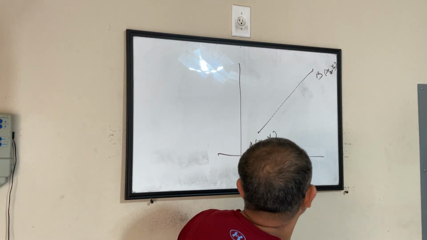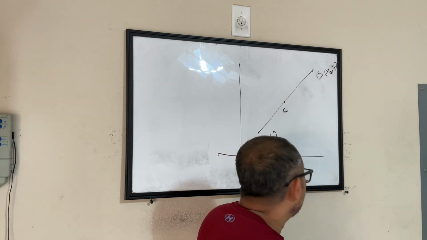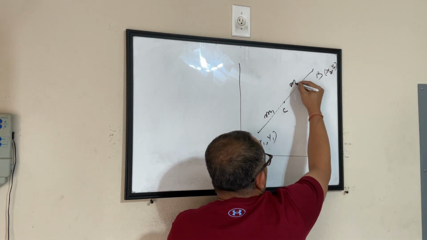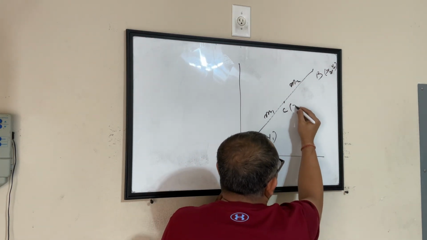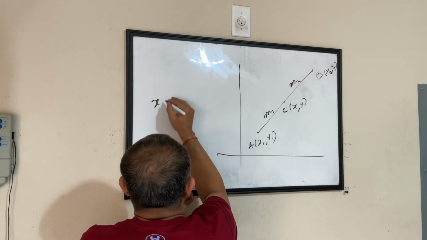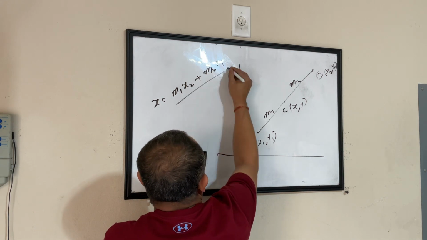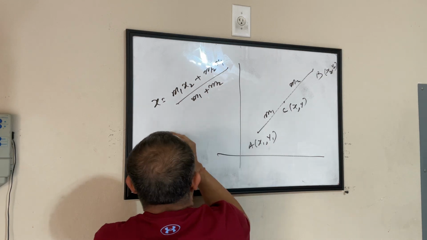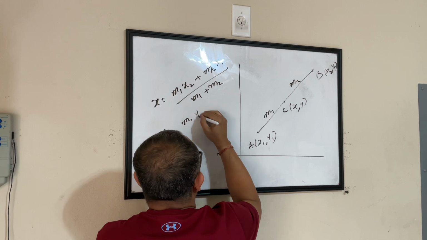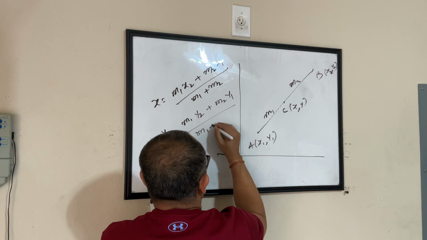Now, the section formula says, if I pick a point C here, without knowing the x and y coordinate, which divides this line in the ratio m1 is to m2, the coordinates x and y of this point C would be such that x equals (m1 x2 plus m2 x1) divided by (m1 plus m2), and y equals (m1 y2 plus m2 y1) by (m1 plus m2).